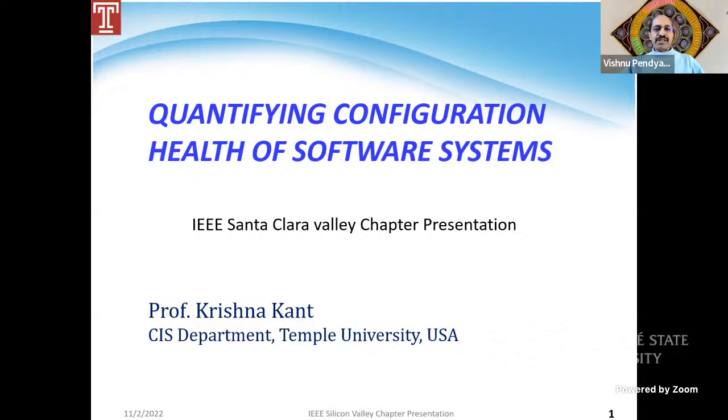Here's a little bit of introduction for Professor Kant. Professor Krishna Kant is a professor in the Computer and Information Science Department at Temple University in Philadelphia, Pennsylvania. Earlier, he was a research professor in the Center for Secure Information Systems at George Mason University.